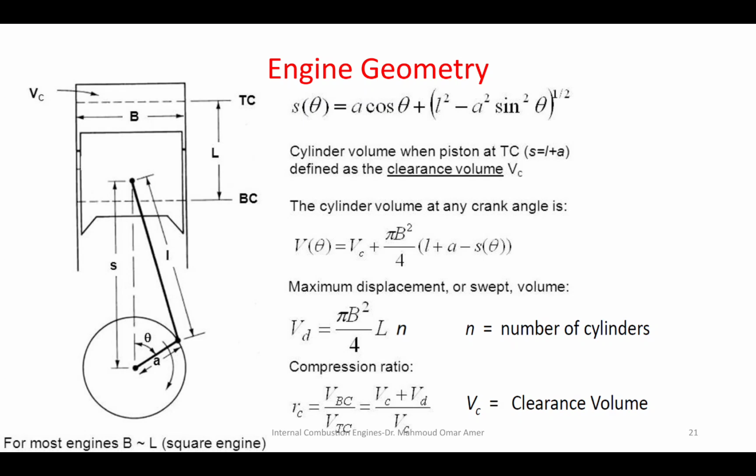The minimum volume is when the piston is at the top dead center, so the volume is VC. The compression ratio is VC plus VD over VC. And be careful, because many times I see you calculate the compression ratio as VD over VC. The numbers will be very close because VC is small, but it will be wrong.